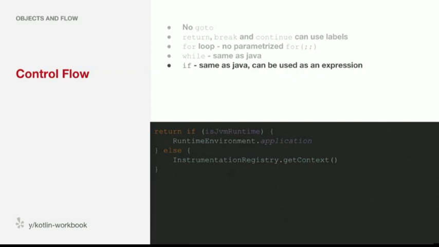In this case, we're going to return whatever the last value is in the evaluated block. You don't need an explicit return. You can also assign variables to this. So you could do val environment equals this if statement, and that will assign the environment to whatever is returned from the evaluation block. We'll see this in a couple other control flow constructs. So this is basically how Kotlin will do its ternary operations like you would see in Java.